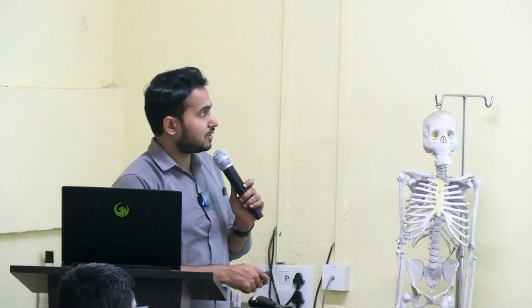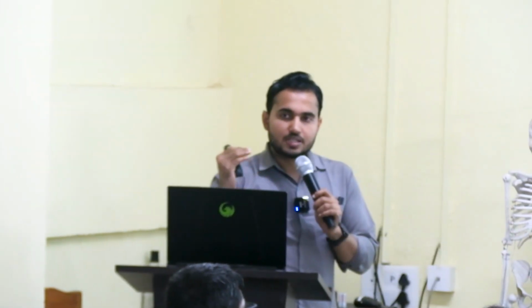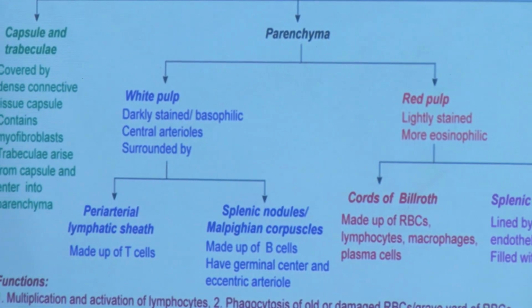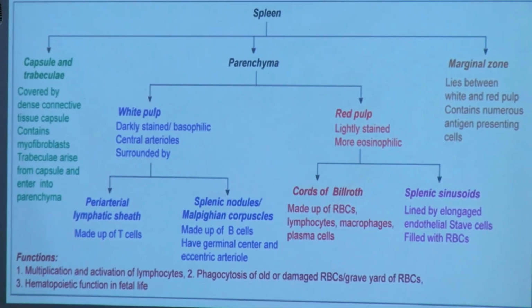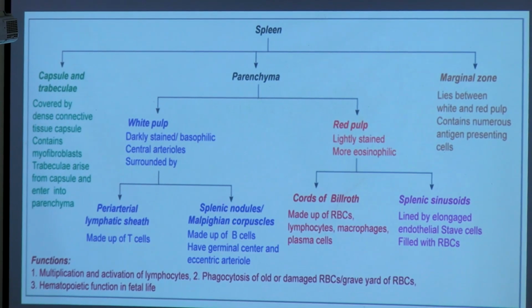Now if you look at the white pulp and red pulp under an H&E stained slide, the white pulp is darkly stained, and the color is basophilic. Basophilic, so what will the color be? Blue appearance.